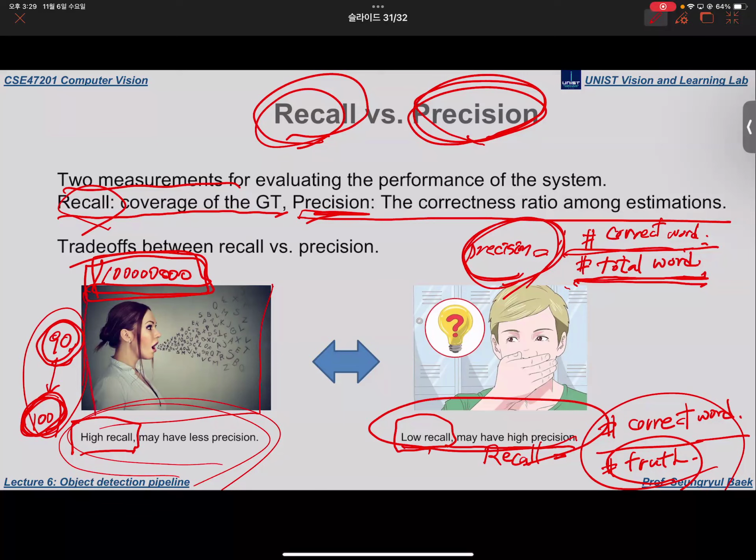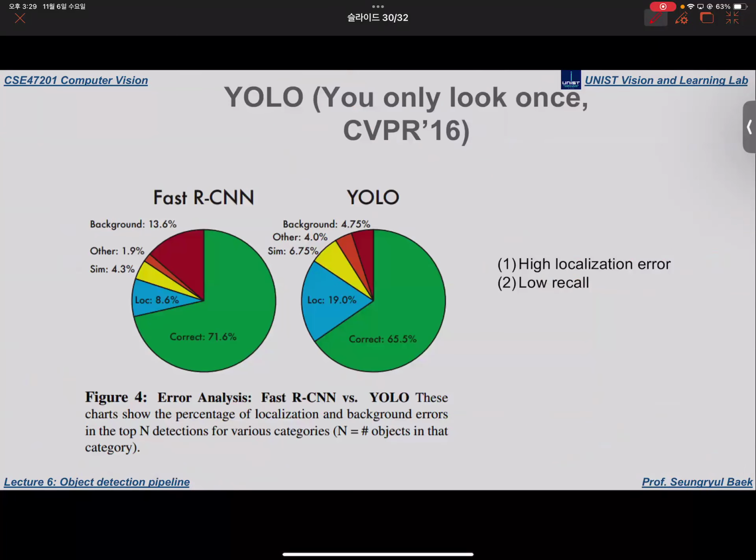Okay. So are you guys understanding the concept of recall and precision? Okay. We have to have a system which has both high recall and high precision. Okay, so that's the concept of recall, and I will explain this part again.